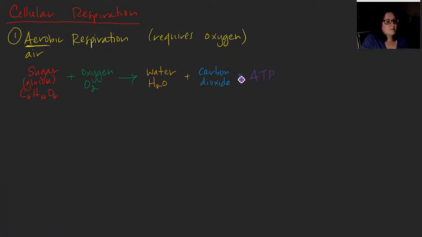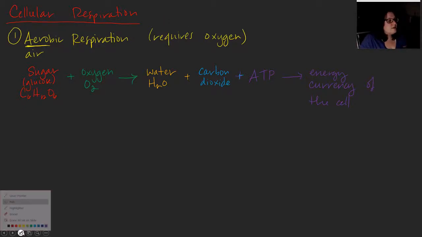ATP. Now ATP is the energy currency of the cell. It's used to exchange energy between different parts. I think I mentioned that. I did. I mentioned that already. Okay, well, I need to go over it again.